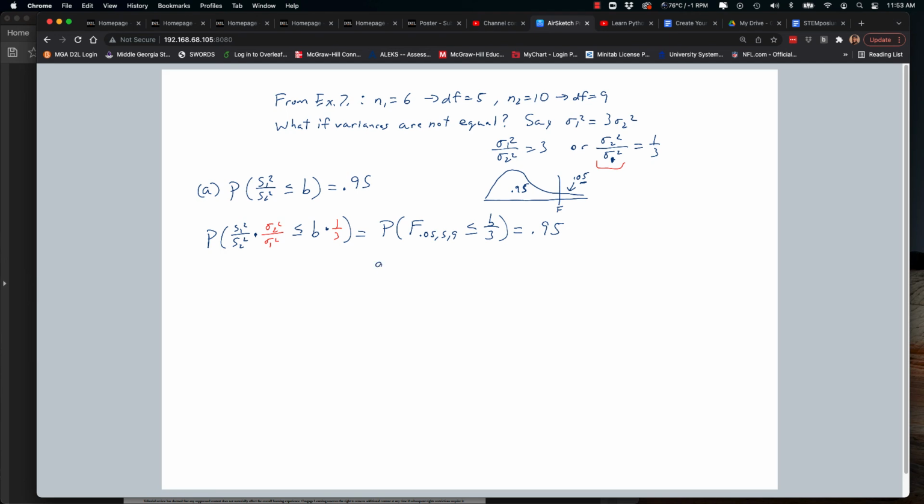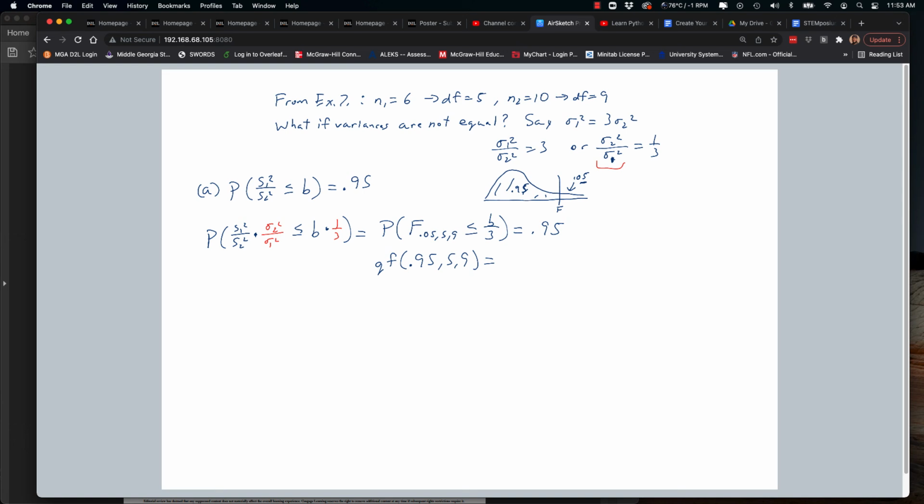So if I use qf and I put in 0.95, because that's the area below in the image I drew, and that's what the qf function finds. It finds the f value for which 95% of the data falls below that, comma 5, comma 9.